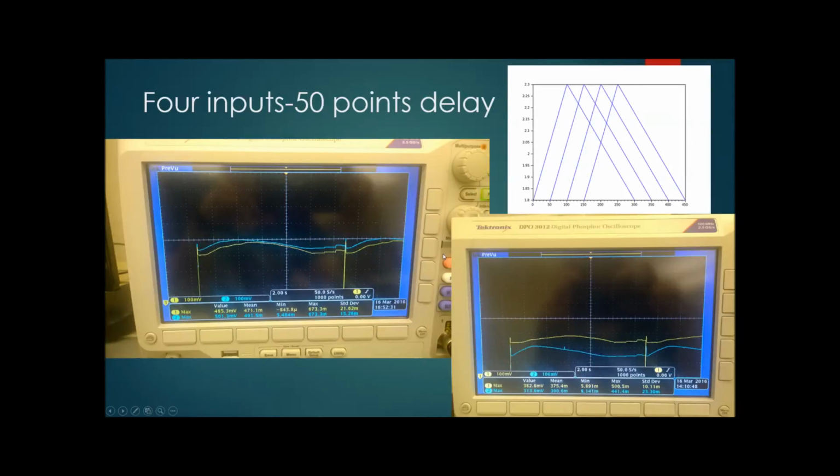And if we have a 15 points delay, then the story will be different. For the first output, we have 1, 2, 3 peaks. The fourth one is not clear, maybe because of the mismatch and other reasons. You can see that when the first input is decreasing, the second input is not increasing so much, so there will be a flat area and then it goes up again.